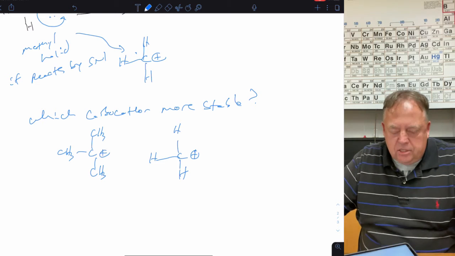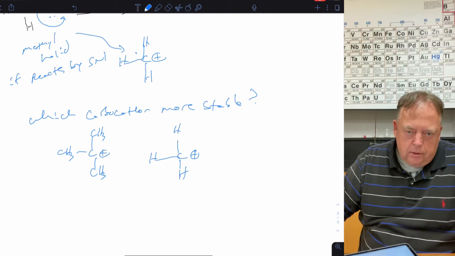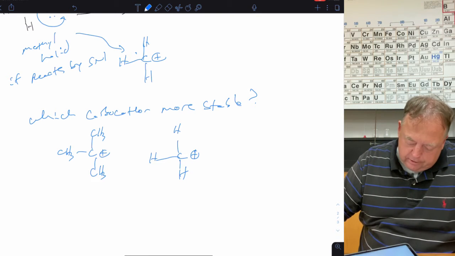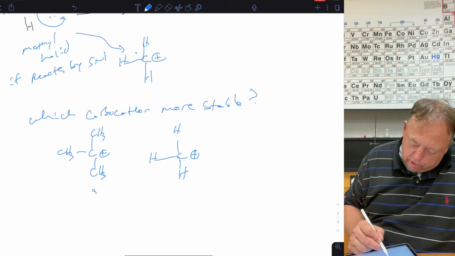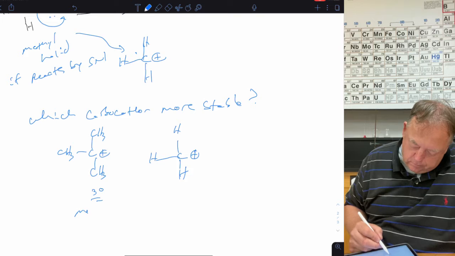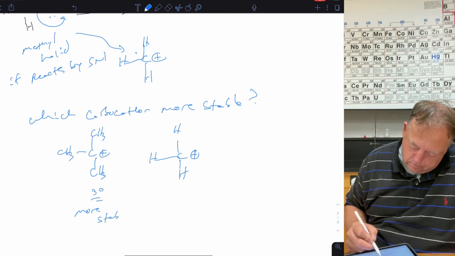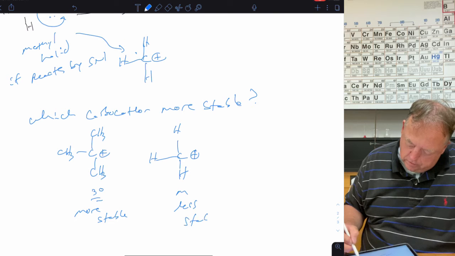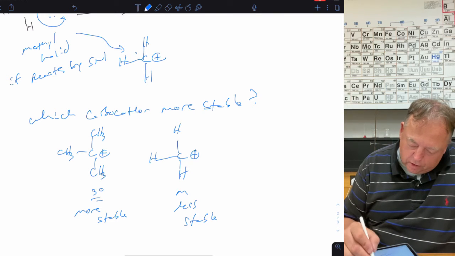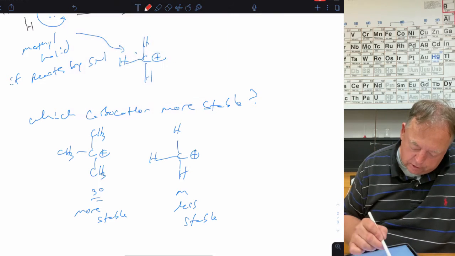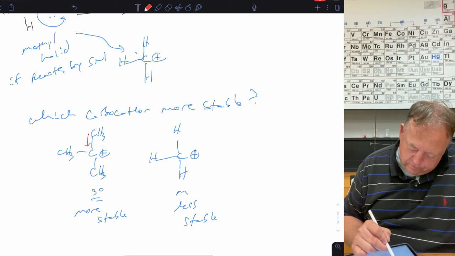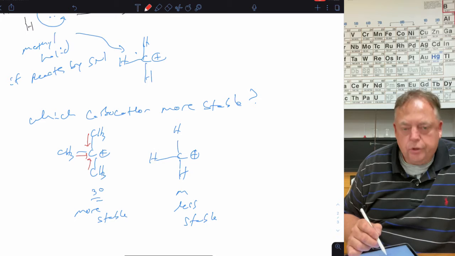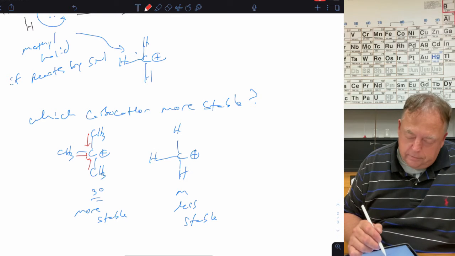And so carbocation stability is just like free radical stability. We've already talked about free radical stability. So if these were free radicals, which one would be the more stable? It would be the tertiary one. Right, so the point is this carbon does not like being positively charged. So it'll pull electron density off of whatever it's attached to, in this case 3 carbons, to help neutralize some of that positive charge.